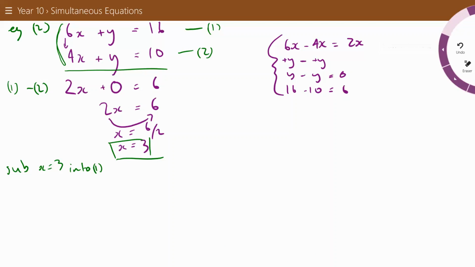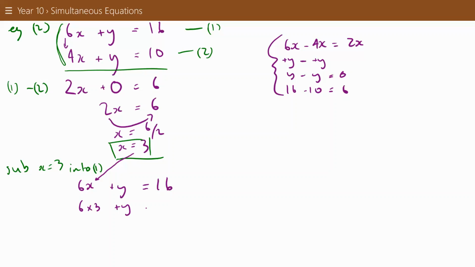So equation 1 is 6x plus y equals 16. Sticking x equals 3 in here: 6 times 3 plus y equals 16. 6 3s are 18, plus y equals 16. Take the 18 over, the opposite of plus 18 is minus, y equals 16 minus 18, y equals minus 2.